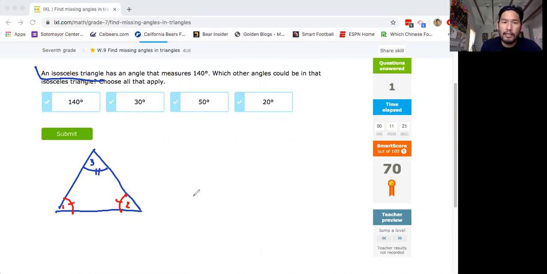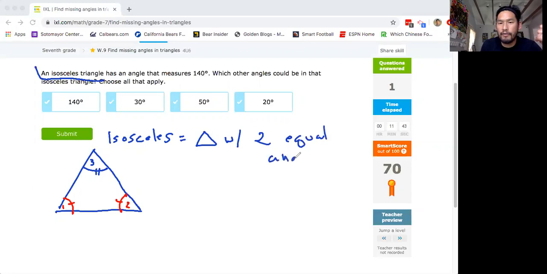So every isosceles triangle has two equal angles, and one that is unlike the other two.